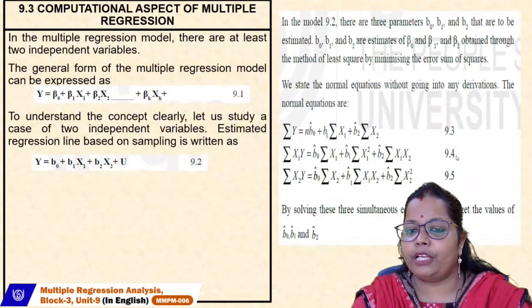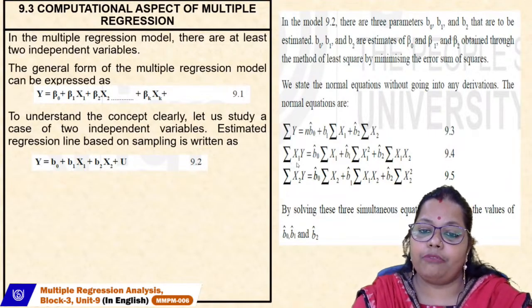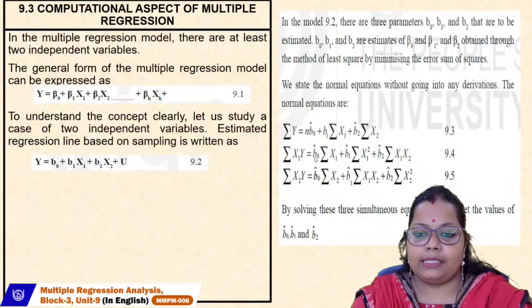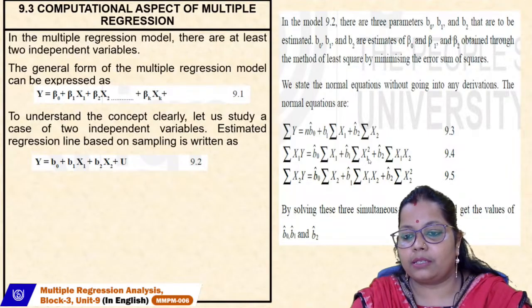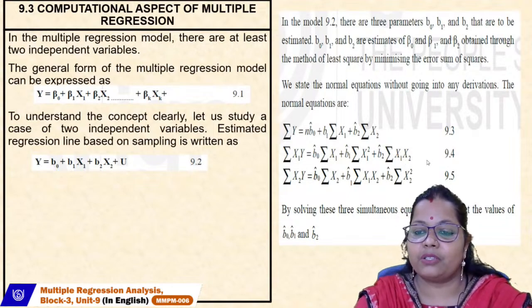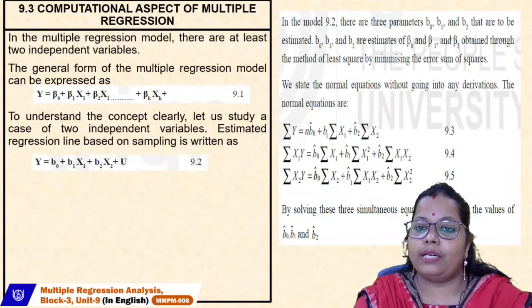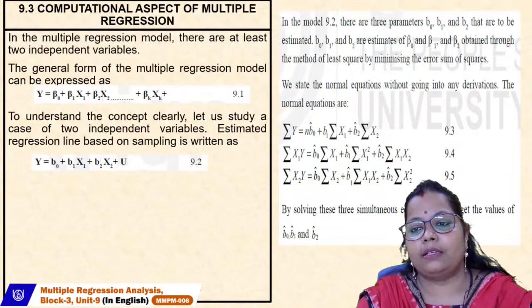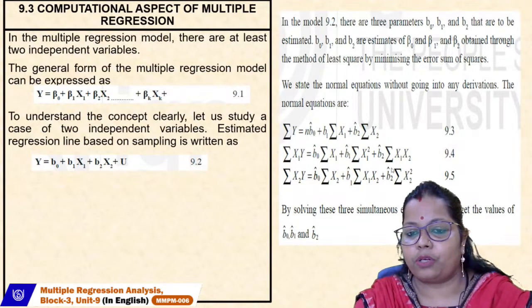Coming to equation 9.4, we can see I have taken the summation of x1 and y is equal to b0 hat into summation x1 plus b1 hat into summation x1 square plus b2 hat summation x1 into x2. I will explain how summation x1 and y will be calculated from the questions when we solve one problem by the multiple regression model.